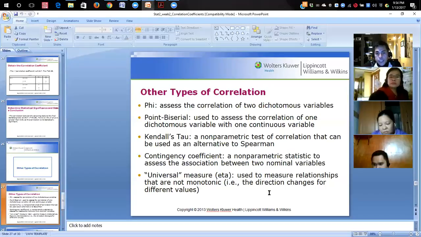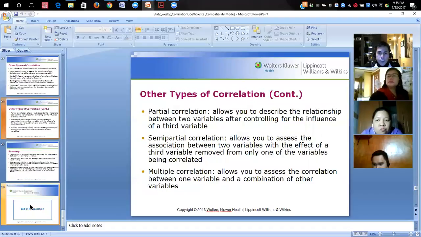So this is one of the correlation statistics that you can use if you think that your theoretical assumption is that the relationships of the variables are not monotonic. So I think that covers all of these important concepts.